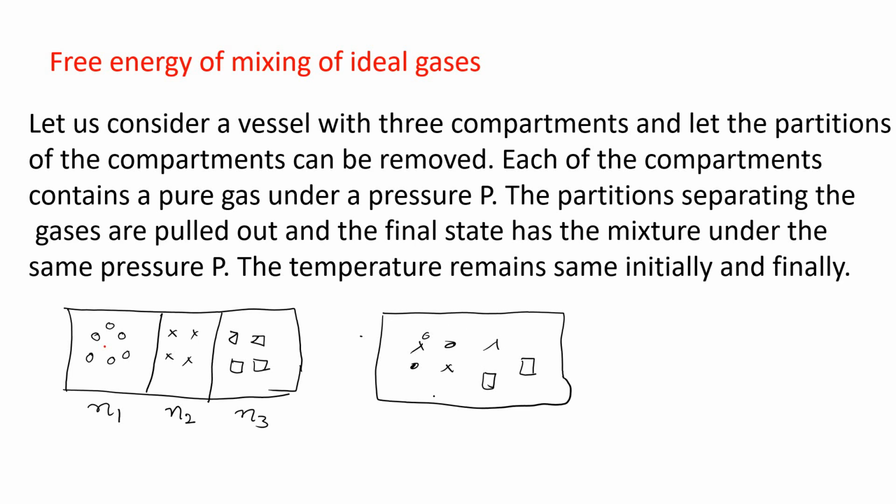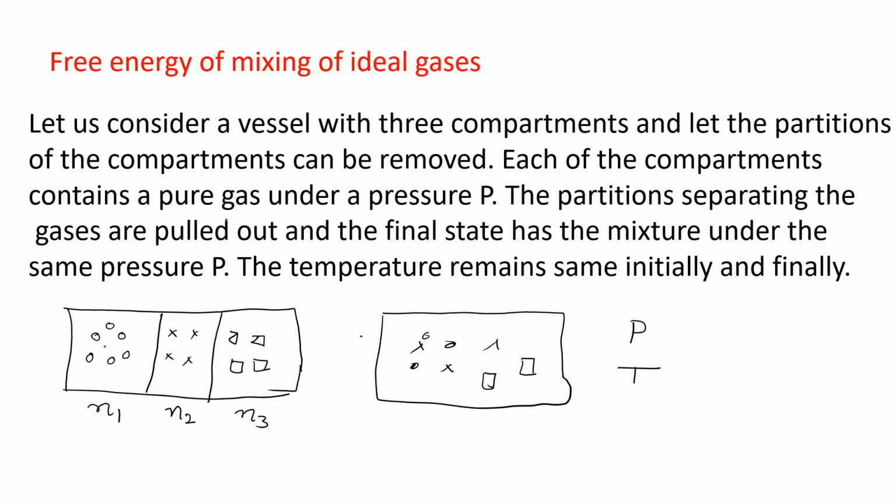In this mixed condition or in this mixture, what is that value of this property, minus sum of this value of these properties of each gas in the pure state at same temperature and pressure. That means pressure in these 3 compartments also, this is P, and temperature also remains constant T, at the same temperature and pressure.